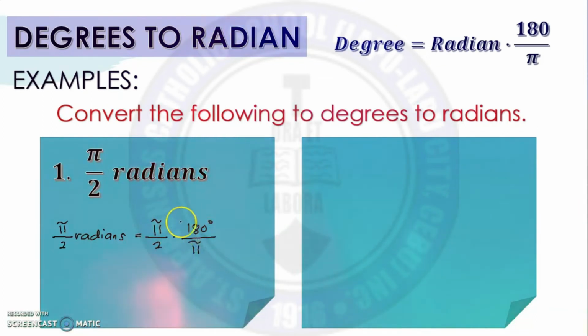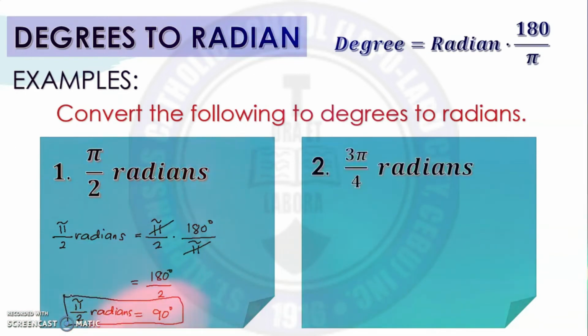In this manner, class, you're going to cancel out the pi and it will become 180 degrees divided by 2, and 180 degrees divided by 2, that would be 90 degrees. And that would be your answer. Meaning, pi over 2 radians is equal to 90 degrees.